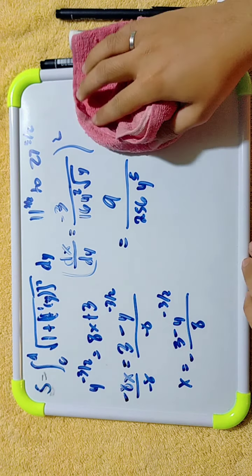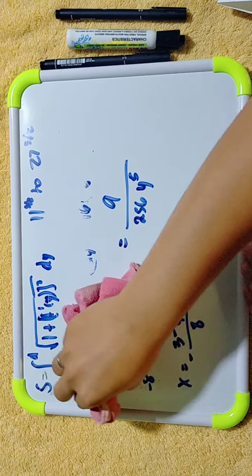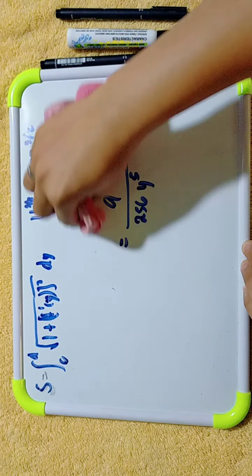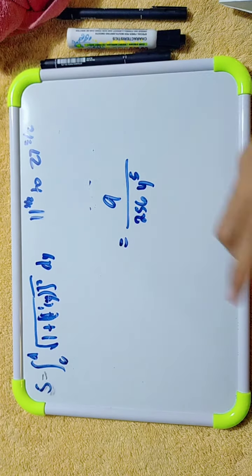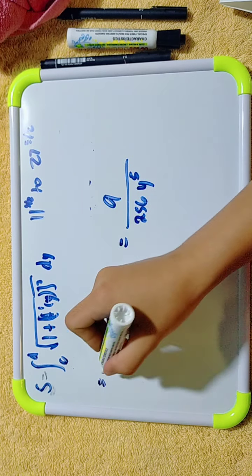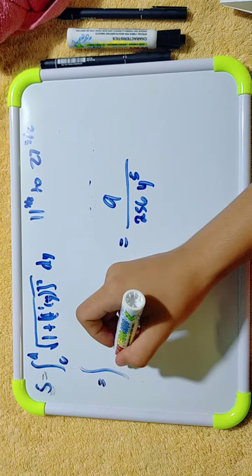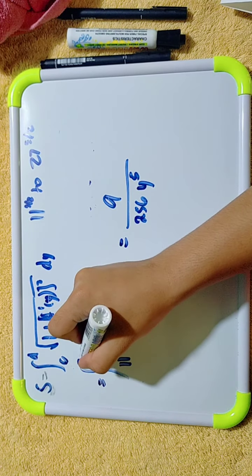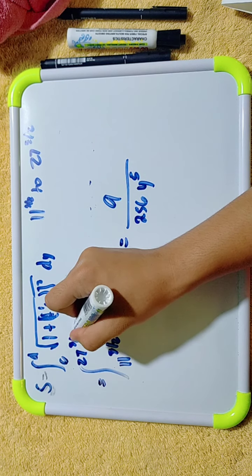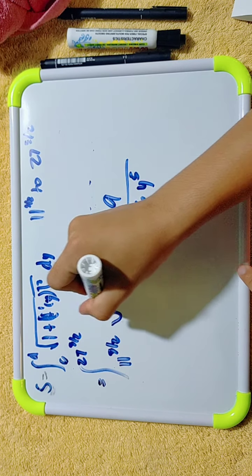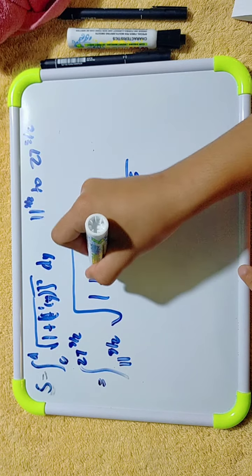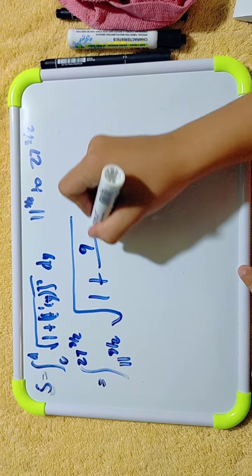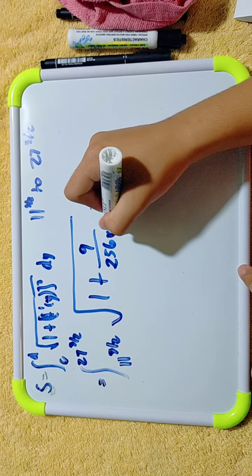So, the length is equal to, our c is 11 raised to 3 halves, and our d is 27 raised to 3 halves, square root of 1 plus 9 all over 256 y raised to 5.